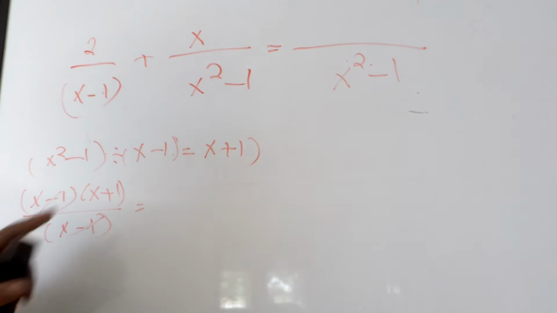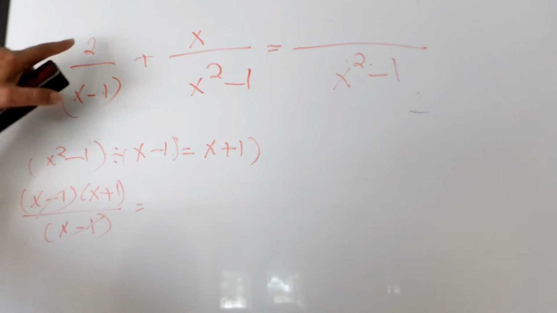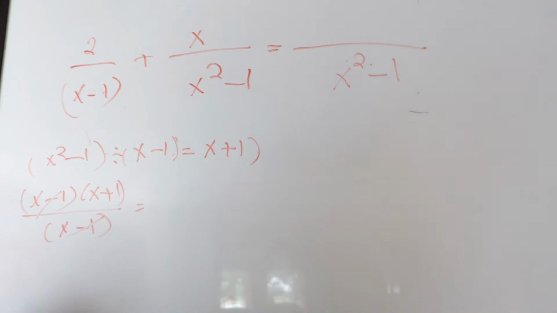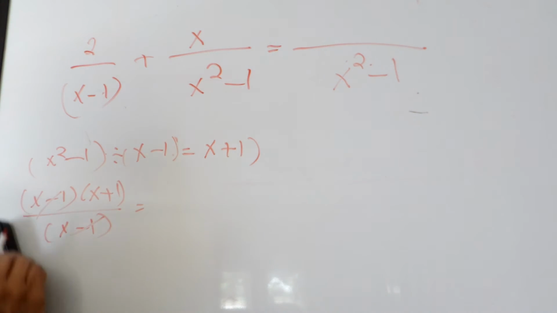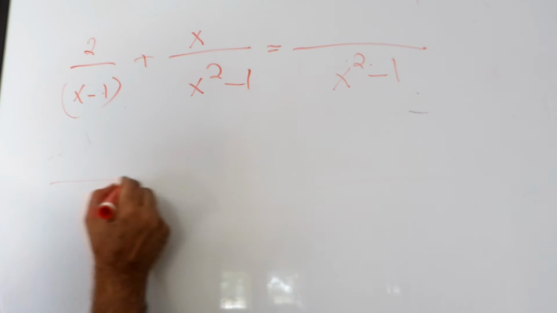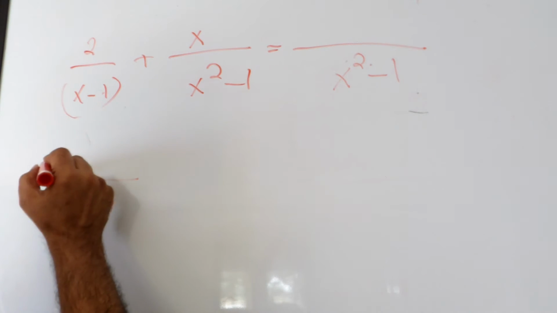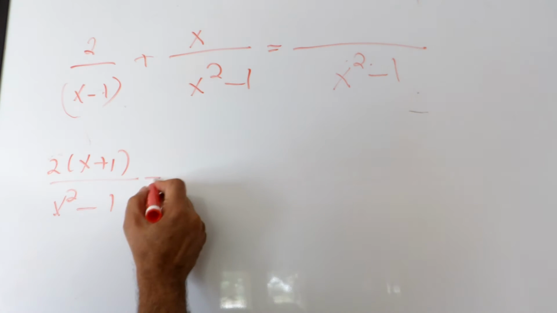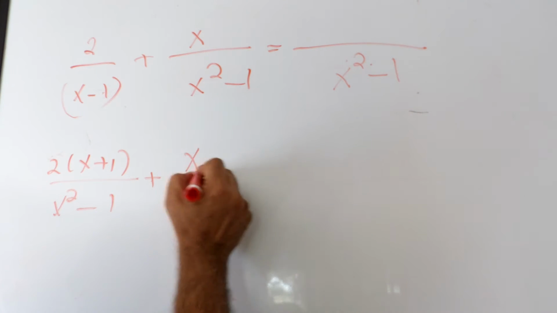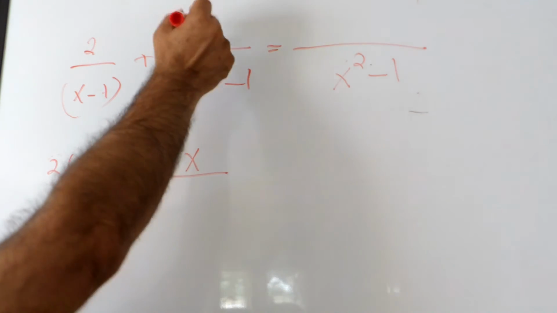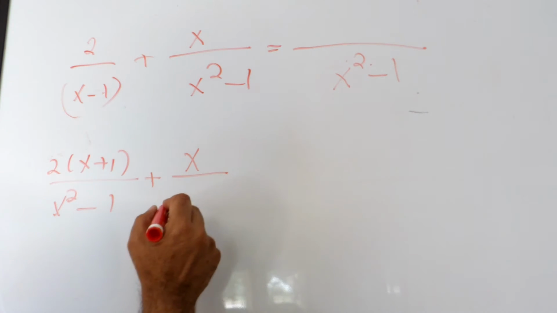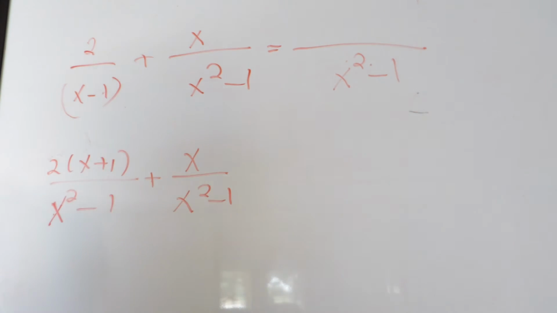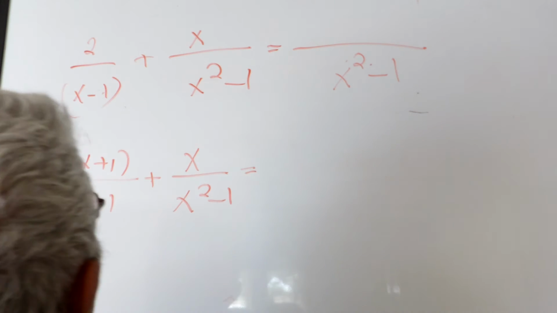Then you multiply by this one. It's going to be 2 times x plus 1, the same thing happened. And this one is just going to be x, because this one divided by this one is 1. 1 times x is x. So you get the same answer.